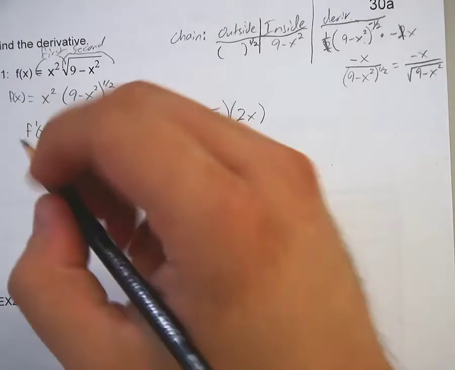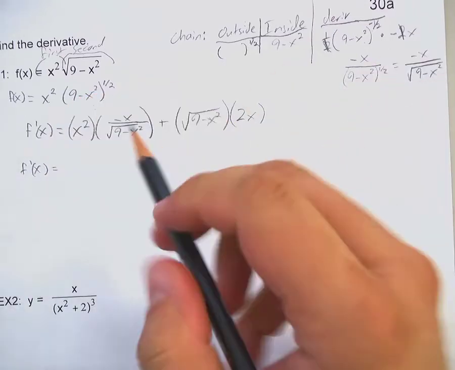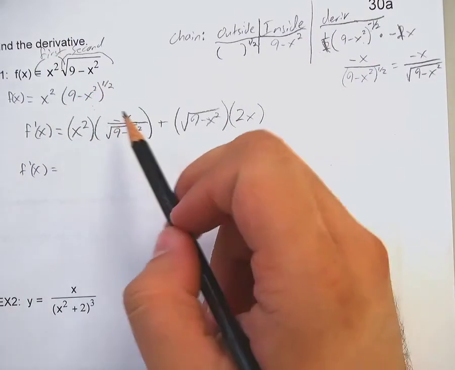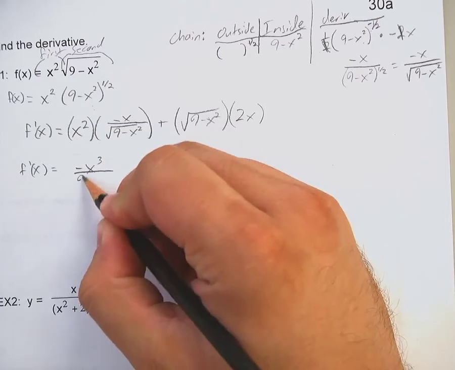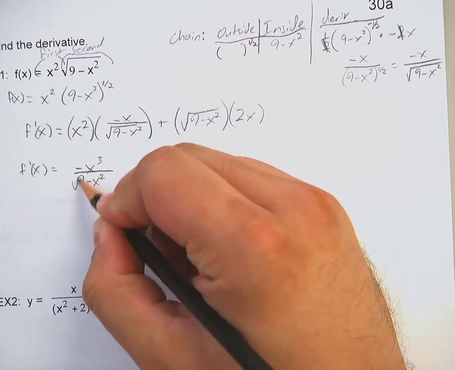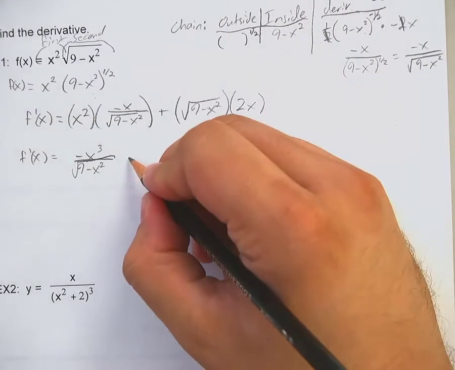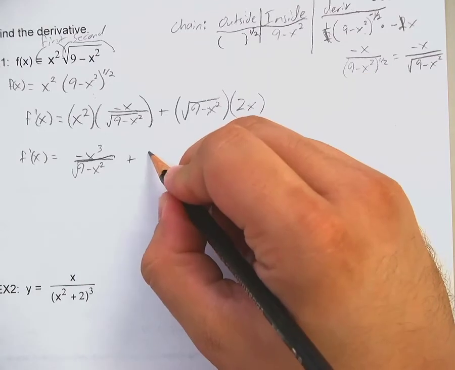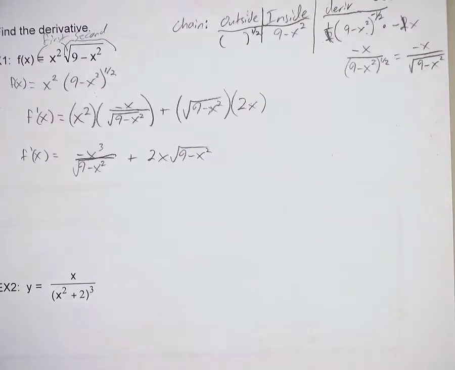On the f prime of x, if we multiply x squared and negative x, we get a negative x cubed over the square root of 9 minus x squared, and then plus, we got 2x square root of 9 minus x squared.